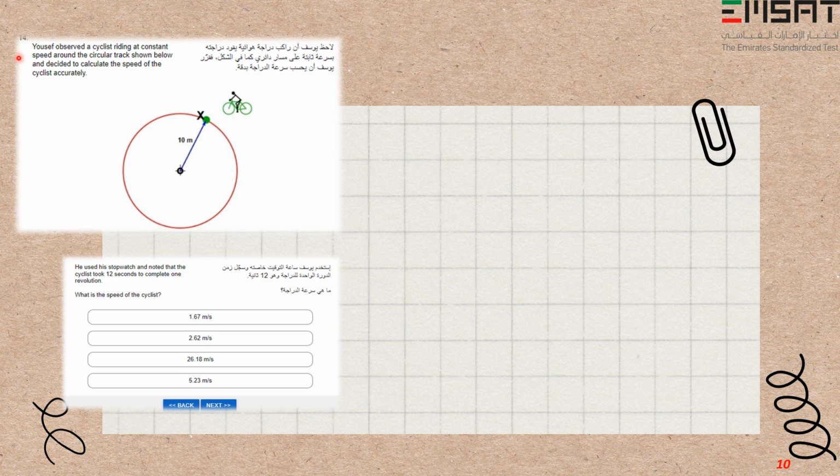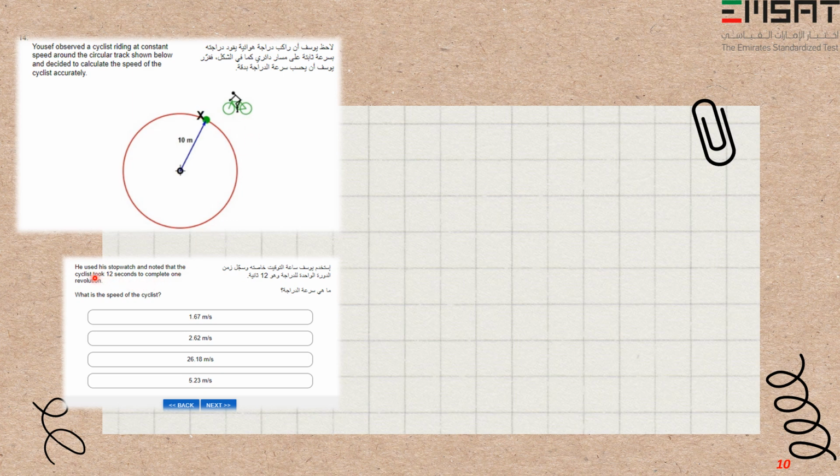Question for this part. Yusuf observed a cyclist riding at constant speed around the circular track shown below. So this is the circular track of a radius of 10 meters, and he decided to calculate the speed of the cyclist accurately. So we have the radius of the path taken by the cyclist.